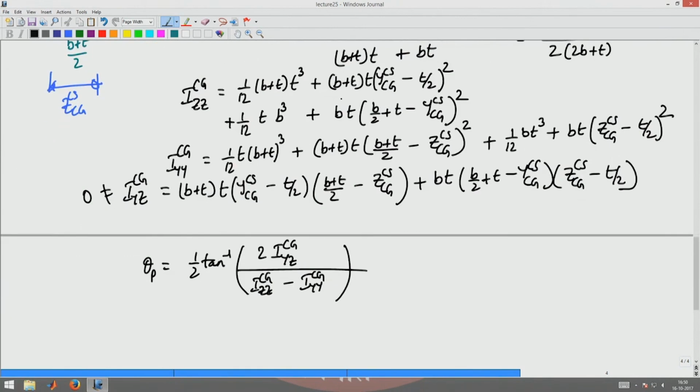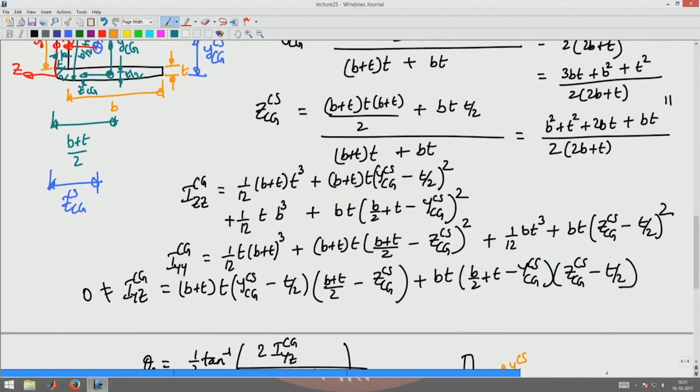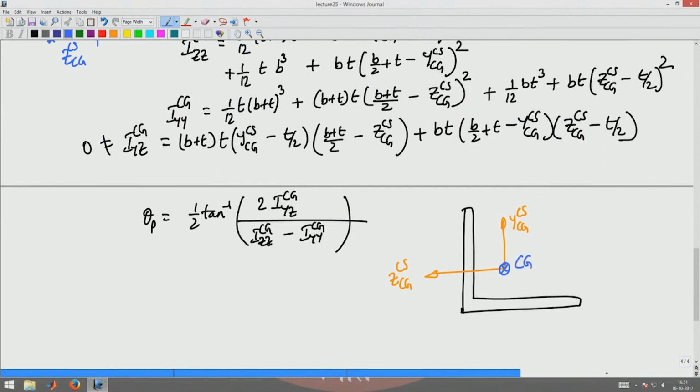So, for this angle section you will find that such an axis would be oriented like this. This was y cross section CG, z cross section CG, and this is the CG of the cross section.